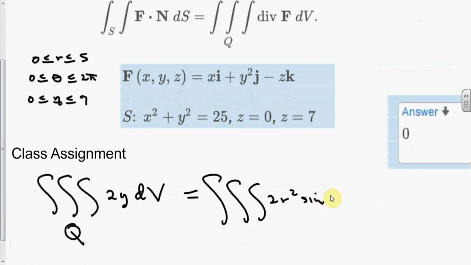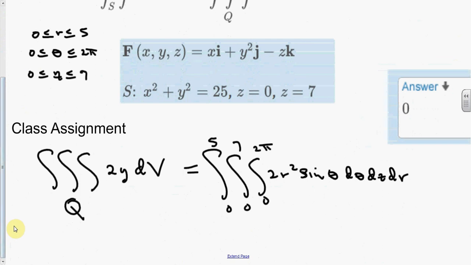I'm not going to work it out because once you see this, I think you get it. d theta, dz, and then dr. Theta goes from 0 to 2 pi, z goes from 0 to 7, and r goes from 0 to 5. When you integrate with respect to theta, you get cosine, and you're evaluating cosine from 0 to 2 pi. You get 0 there for that loop. So this is 0. Good.